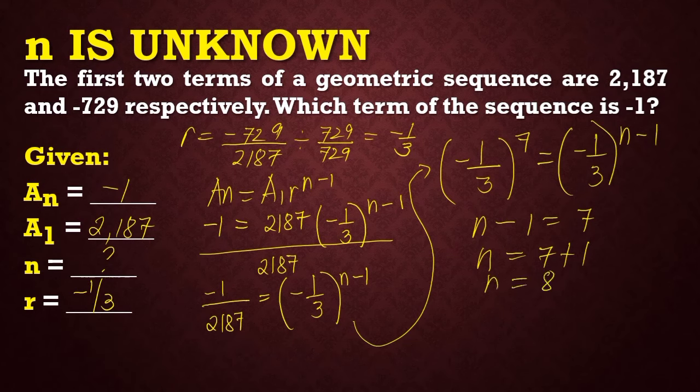And then to check, kung 8 term nga siya, so yung first term natin, 2,187 times negative 1/3, negative 729, times negative 1/3, that is 243. As you can see, alternate po yung mga signs.